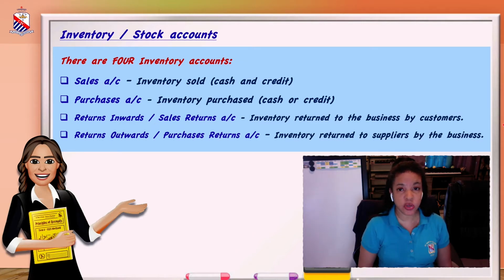So if you sell furniture or any other non-current asset, that does not go into your sales account. That will actually go into the non-current asset account, okay? So just remember, your sales, purchases, return in, return out, these accounts are for inventory only. These are your 4 accounts representing inventory.